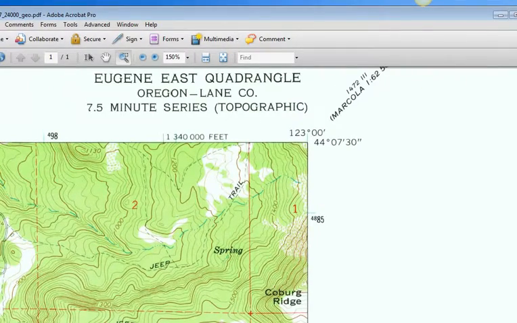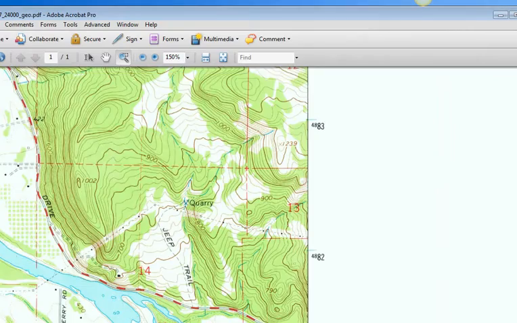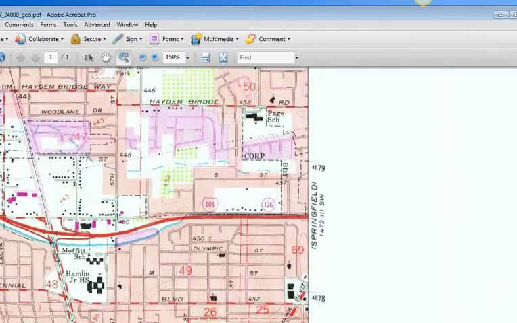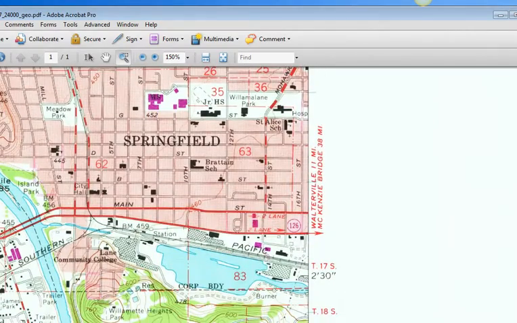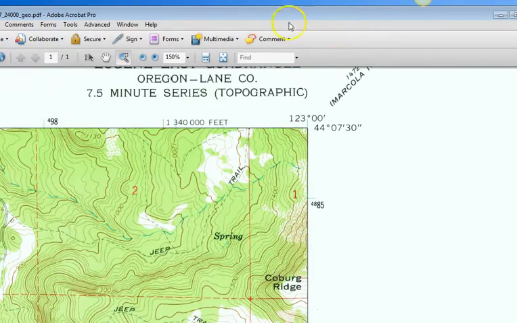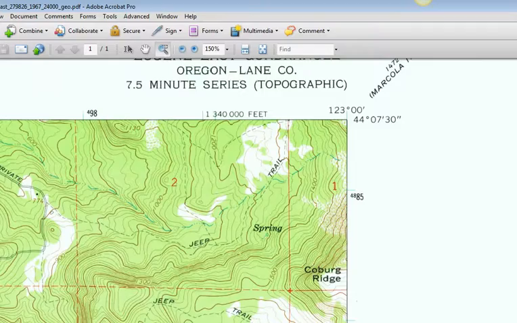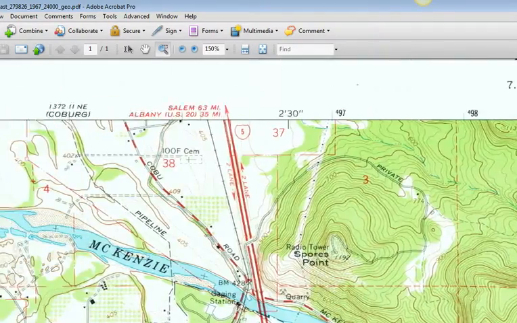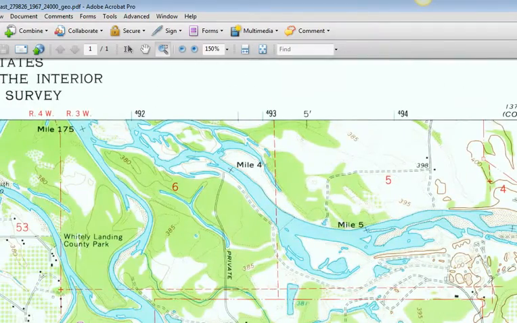And then I need to scroll down and find out which township it's in. And it is in Township 17 South. And then I'm going to scroll across the map to find out which range it's in. And it is on the right side of that dotted line, so it's in range 3.